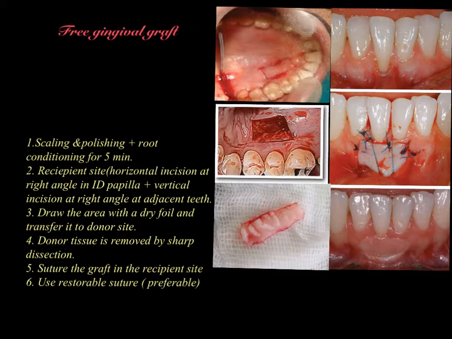Here we depend on the blood supply from the recipient site to nourish the graft in its place. So in order for this to occur, there needs to be adequate overlap of the graft tissue with the soft tissue around the recession defect.